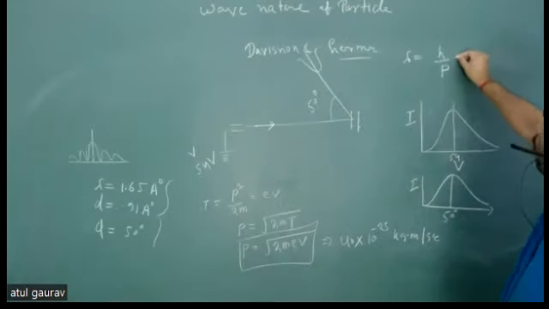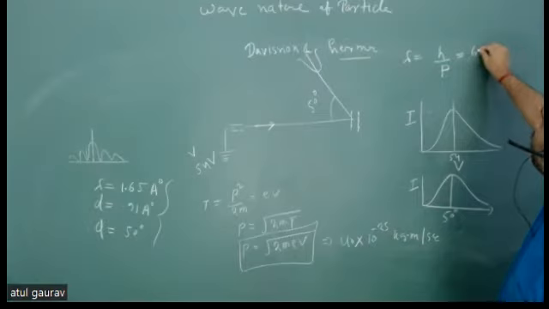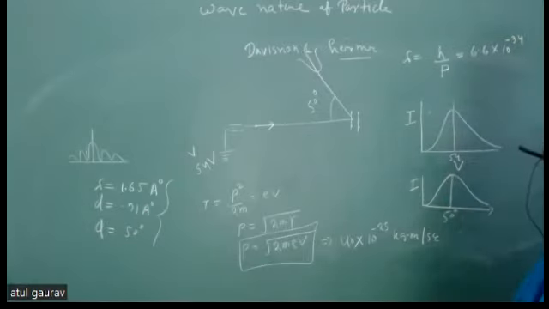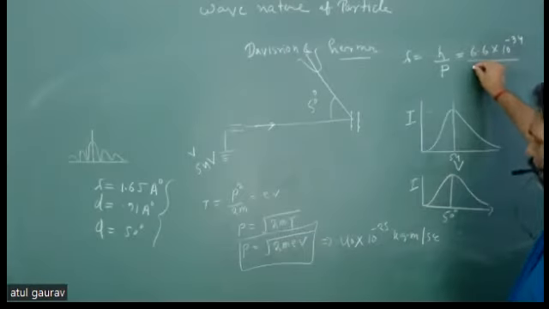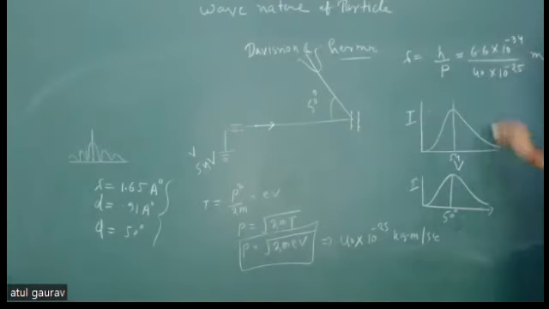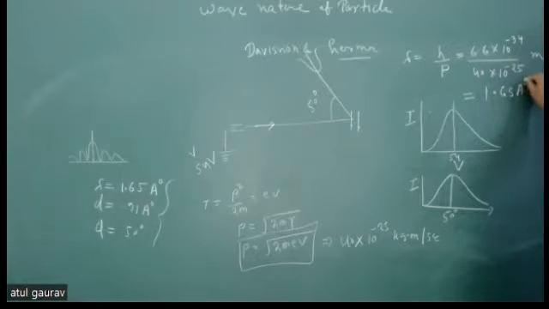Now you can easily calculate what is the value of h? 6.6 into 10 to the power minus 34, divided by 40 into 10 to the power minus 25, in terms of meter. You can get this answer, and you will be surprised that this value exactly matches 1.65 angstrom.